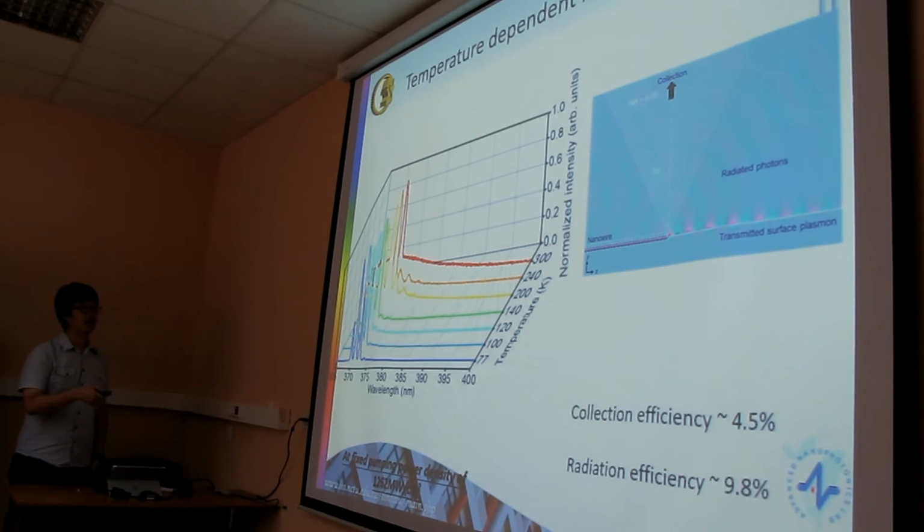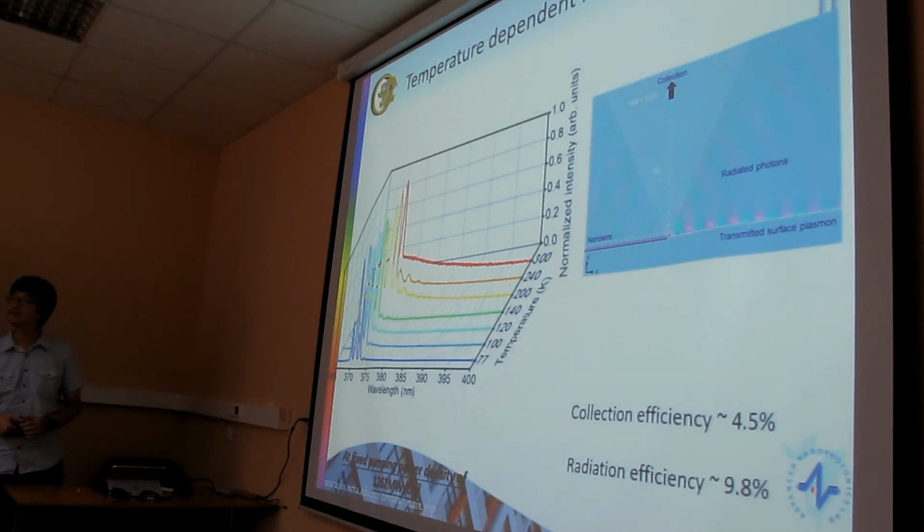As you can see, when the temperature increases, it can survive at 300 Kelvin due to the well-confined surface plasmon mode and the strong exciton property of zinc oxide. And the calculated collection efficiency is about 4.5% here.